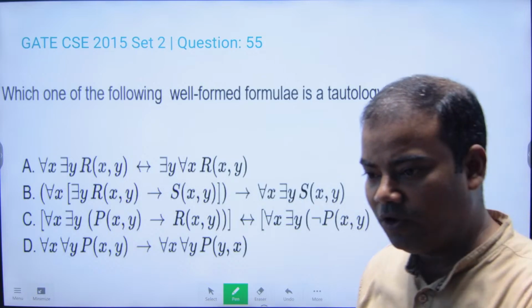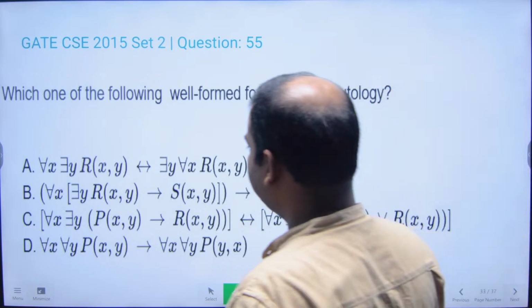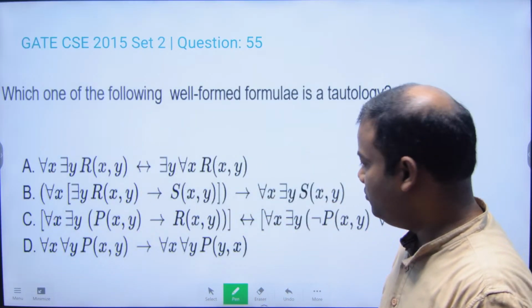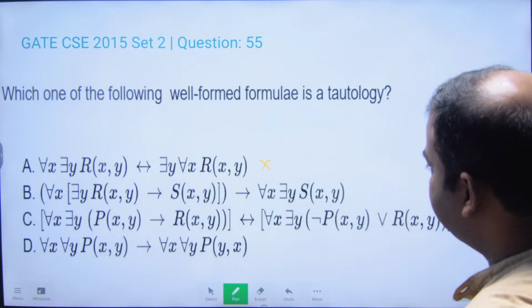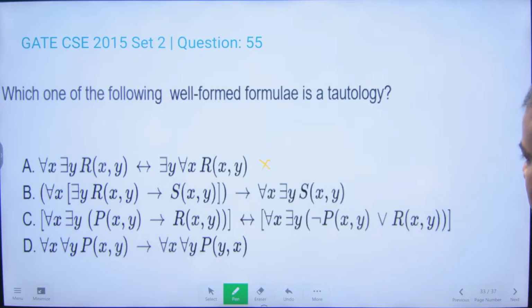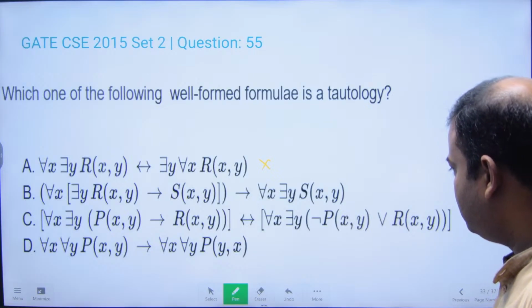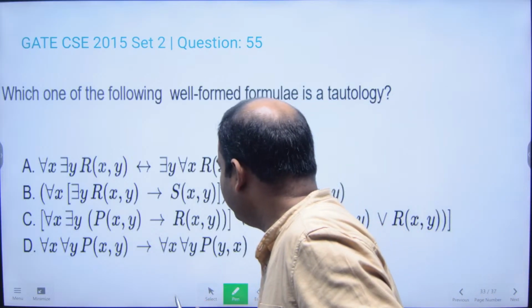Is the first one a tautology or not? What is happening? You are changing x and y. So is it a tautology? No, so this is not a tautology. Correct. What about D?